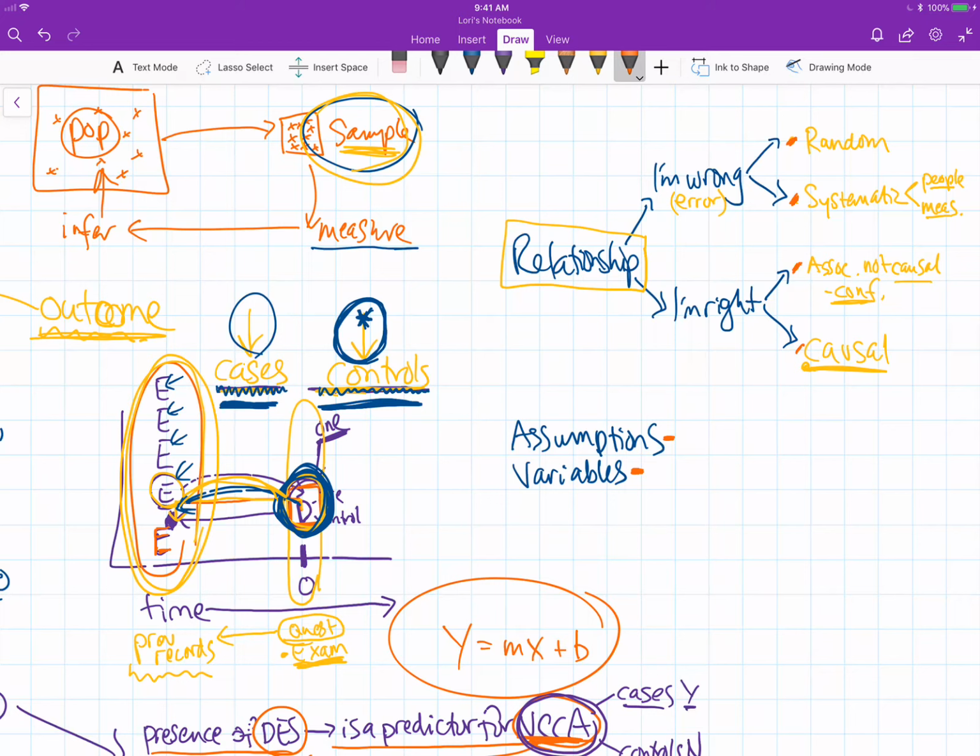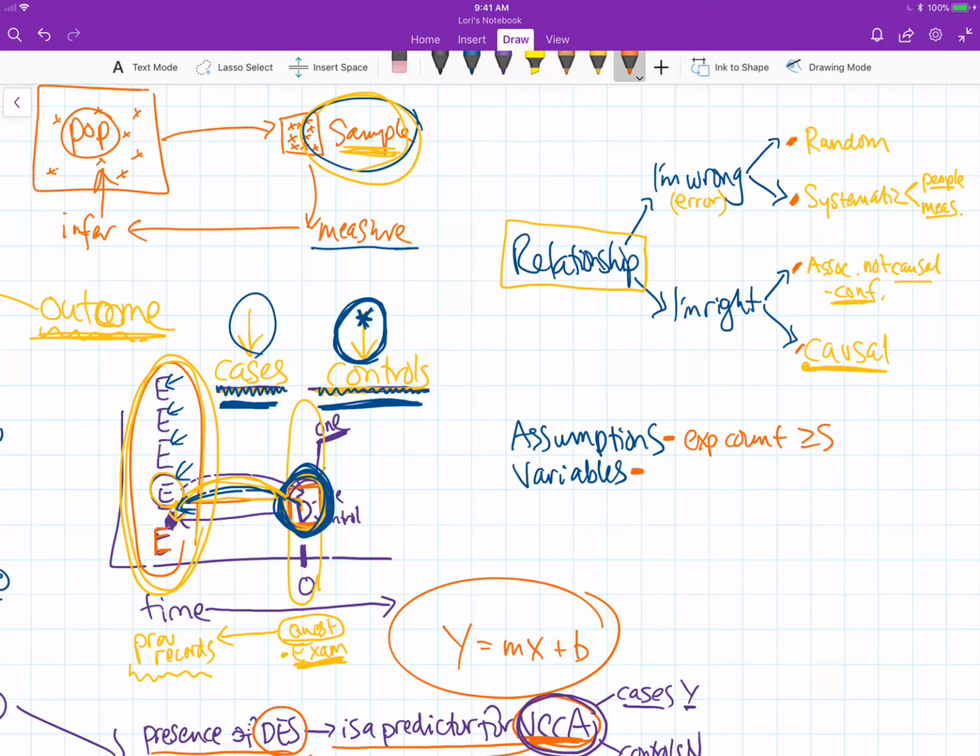And finally, the whole idea of assumptions. Typically, with a chi-square test, that assumption is that the expected count needs to be at least 5 for each of the cells. Once we get larger than 2 by 2 tables, that can be modified just a little bit.